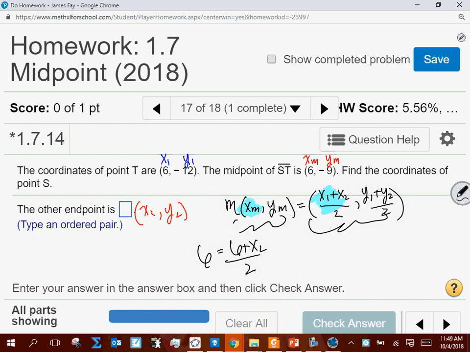Do I know what x sub 2 is? We're looking for that, right? How do I solve this equation for x sub 2 then? Multiply both sides by 2, so I get 12 is equal to 6 plus x sub 2, right? Okay, subtract 6 from both sides. Yes, 6 is equal to x sub 2. So right now, this ordered pair is going to have an x value of 6.